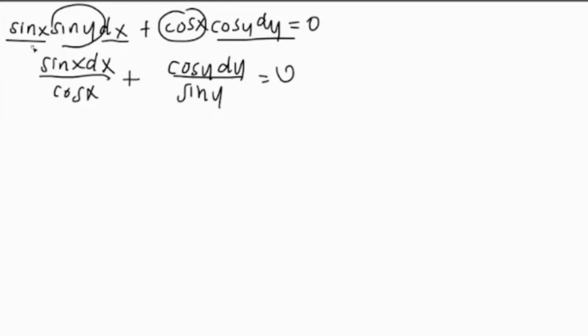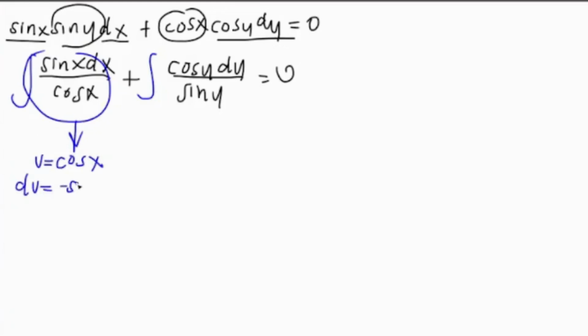Ngayon na separate na natin sila, pwede na natin integrate both sides and solve muna natin tong first integral. So magiging siyang let u is equal to cosine x, du is equal to negative sin x dx. Itong sin x dx na to, nandito yan sa numerator. So solve natin siya as sin x dx is equal to negative du.